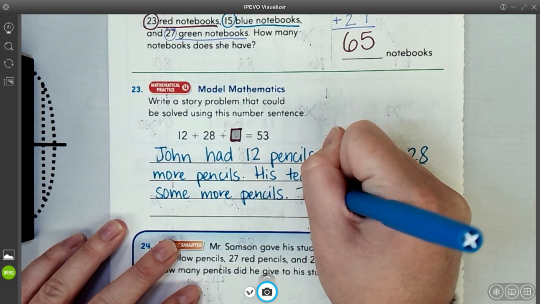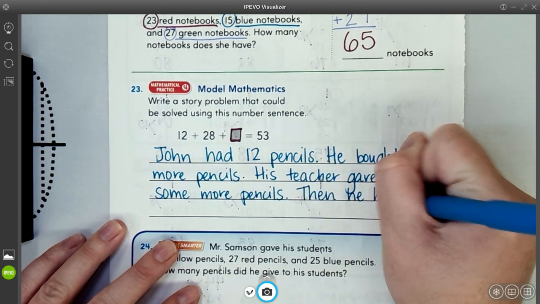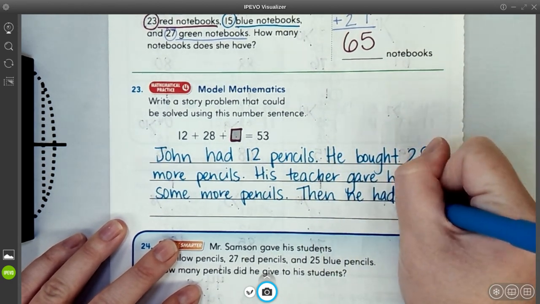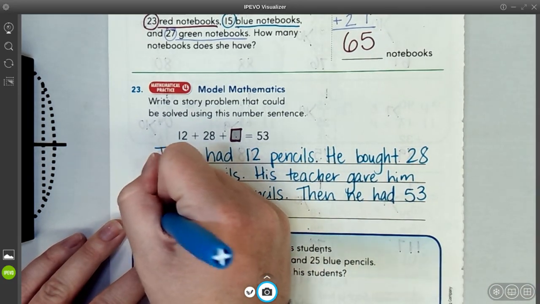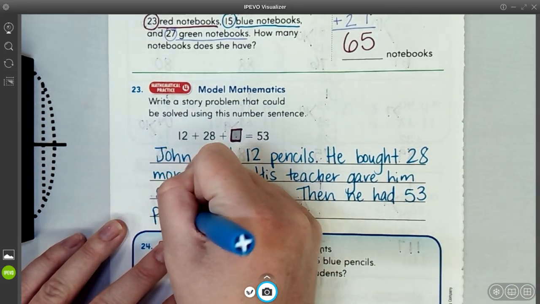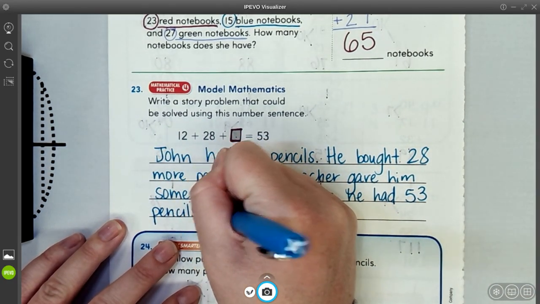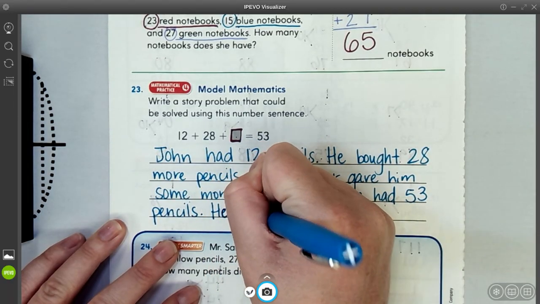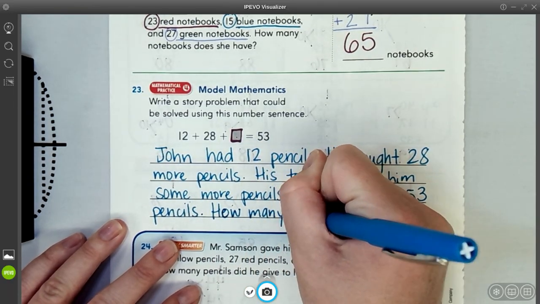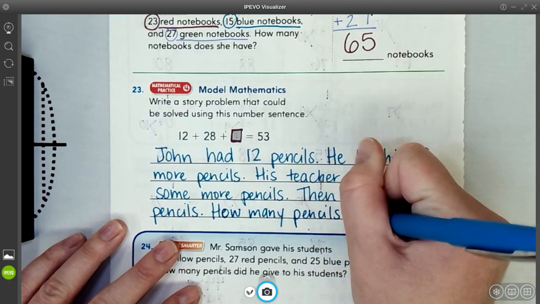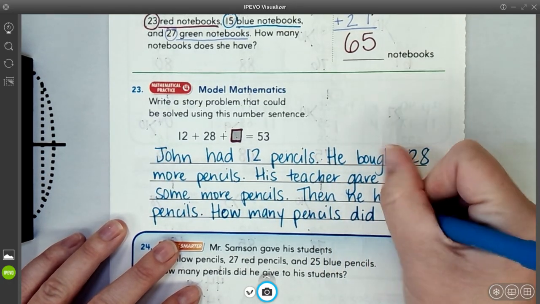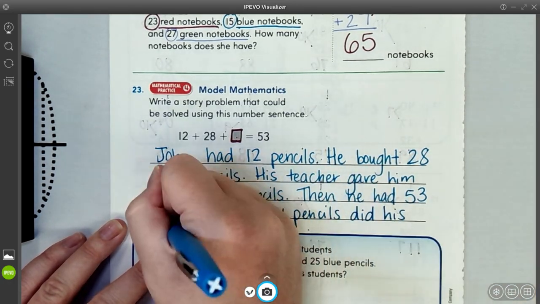Then he had 53 pencils. How many pencils did his teacher give him?